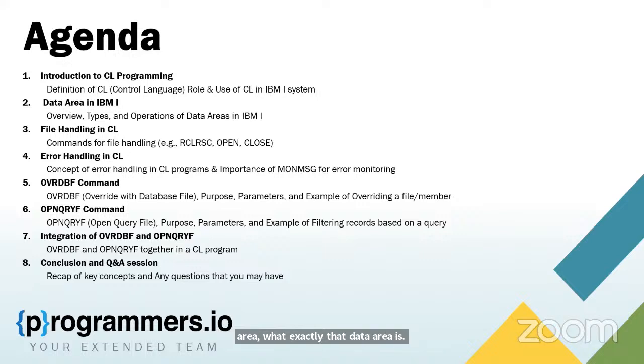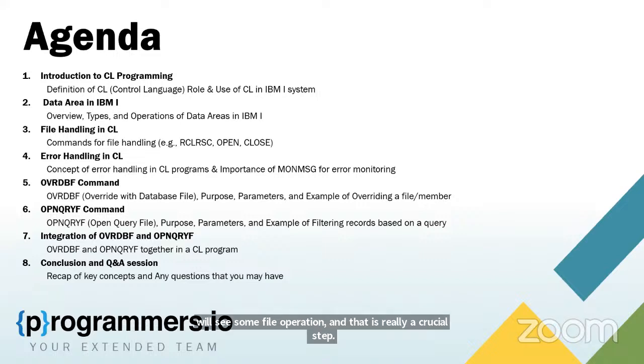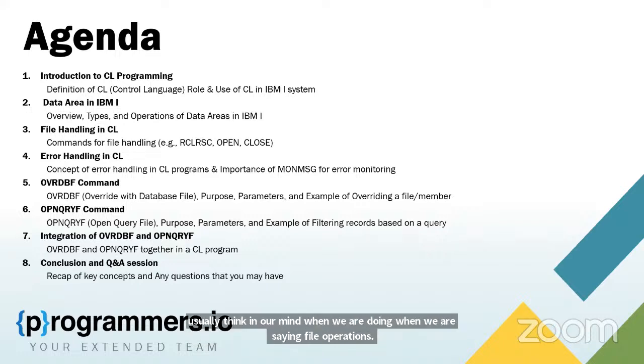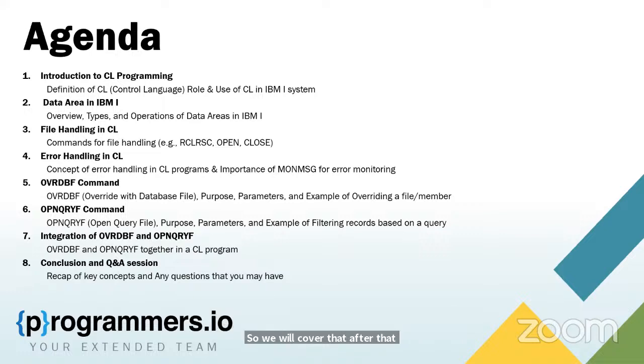After that, we will see some file operations, which is a crucial step. When we say file operations, we have to keep in mind operations like read, write, update and delete. After that, error handling, which is really important in programming.